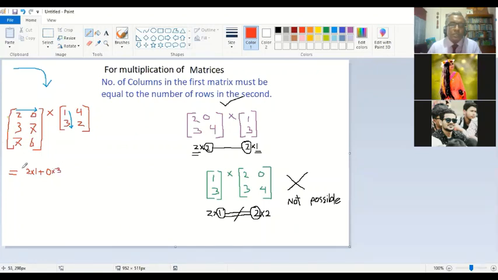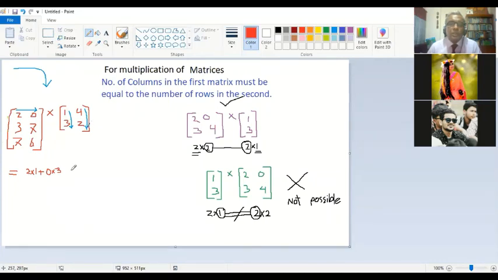So this will be the style of calculation: first number, second number, multiply and then add together. This will be the first calculation. Then put a gap in between, and go for the second column. The same calculation for the second column.